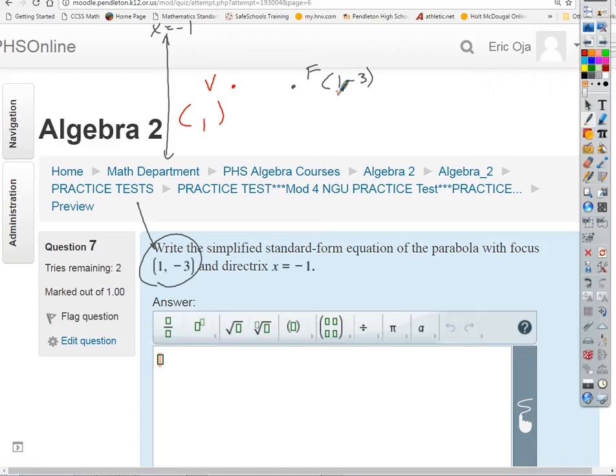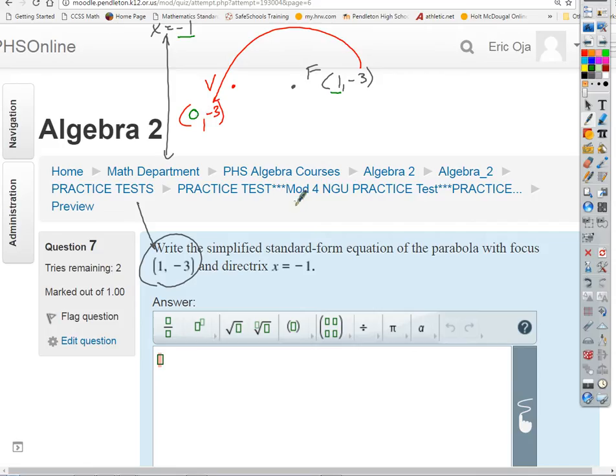Height would, so the y-coordinates have to be the same. But the x-coordinate is going to have to be what in this case? 0. How come? Yeah, we average those two x values. It's got to be halfway in between the x value of -1 and +1, and that's going to be 0.